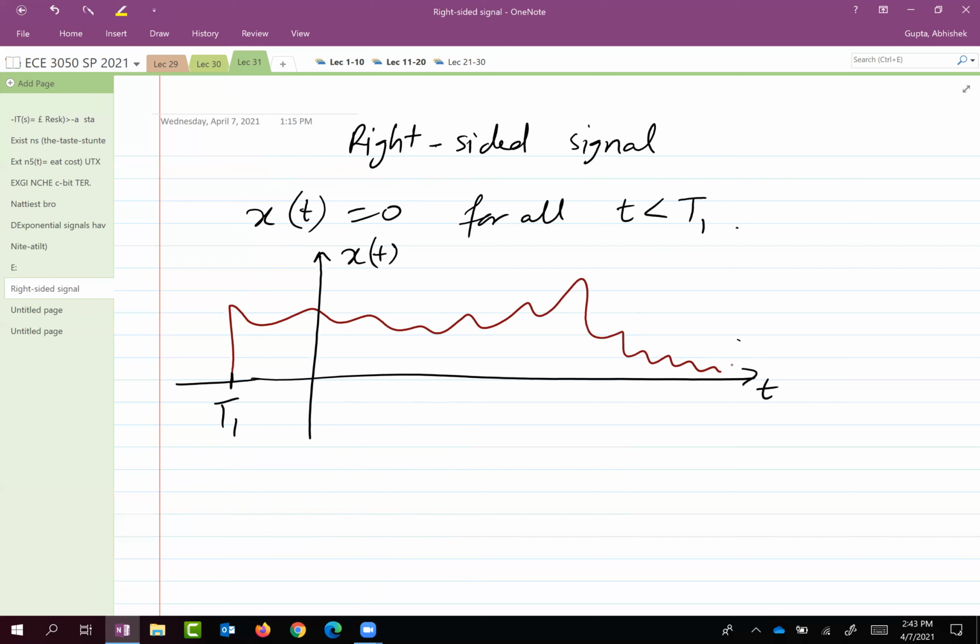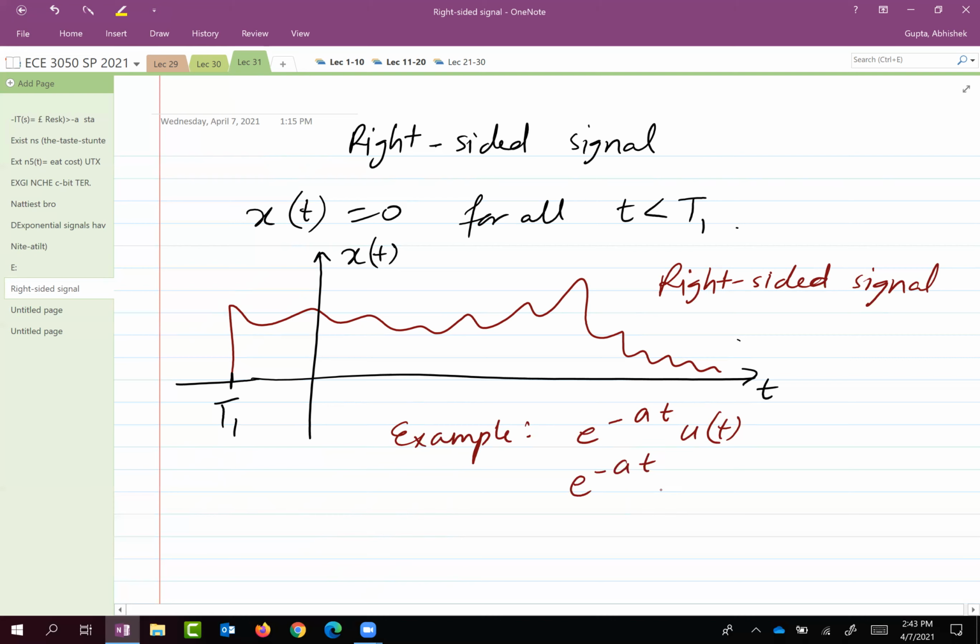This is a right-sided signal. Okay, and an example is e raised to negative at u(t), or e raised to negative at cos bt u(t). So these are all right-sided signals.